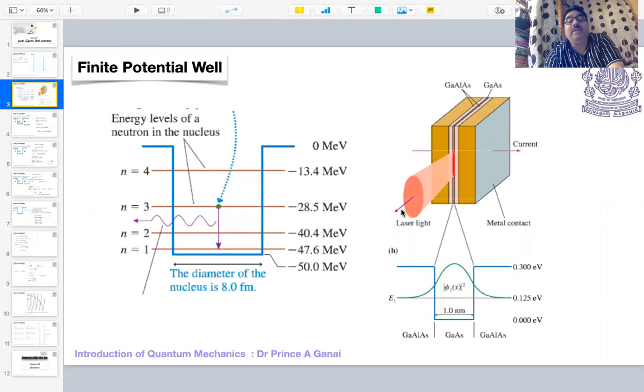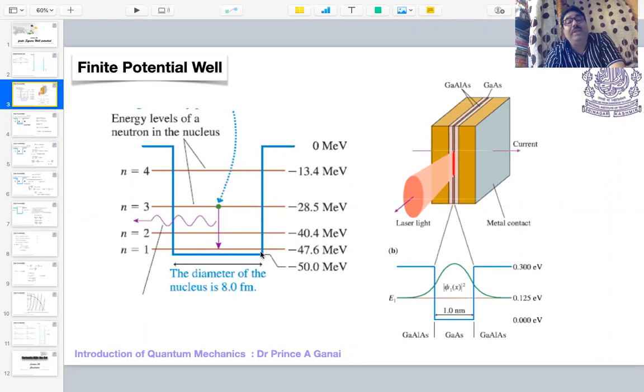The light that is emitted is controlled by selecting the materials and by controlling the width of this layer between the two substrates. So this is a very interesting application of the finite potential well problem.